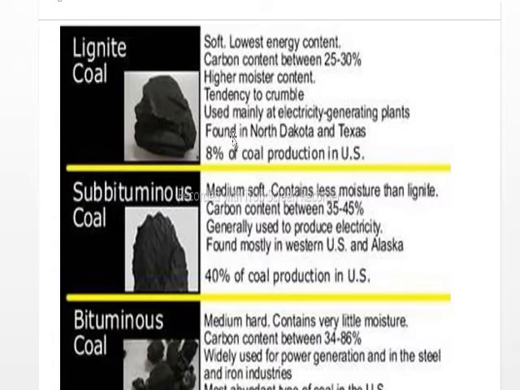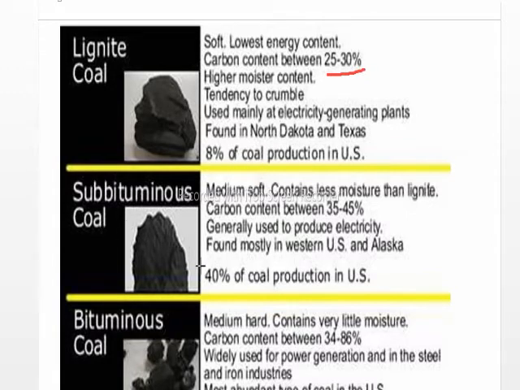See students, on the basis of the percentage of carbon present in the coal, there are four main types. Lignite coal contains 20 to 30% carbon.